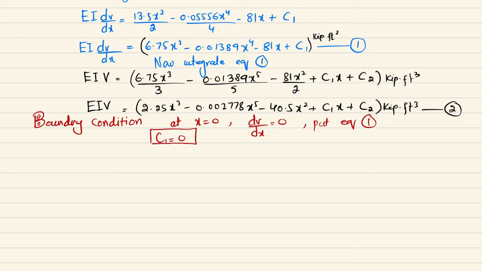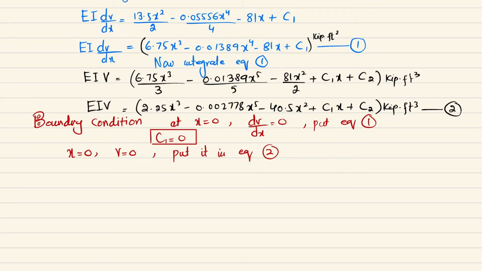Now we will put another boundary condition, that at x is equal to 0, deflection is equal to 0. So you have to put it in equation number 2. When you put it in equation number 2, you can see this term will be 0, this will be 0, this will be 0, this will be 0, and v is also 0.